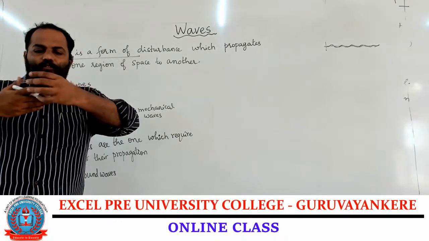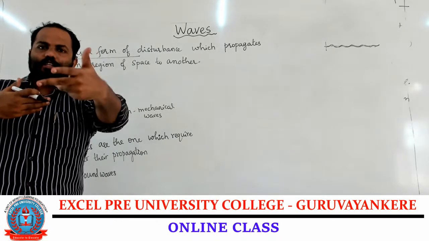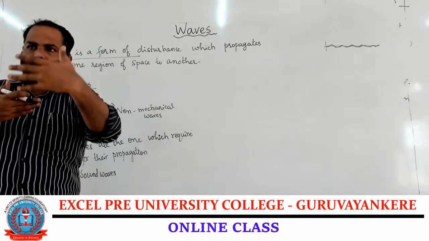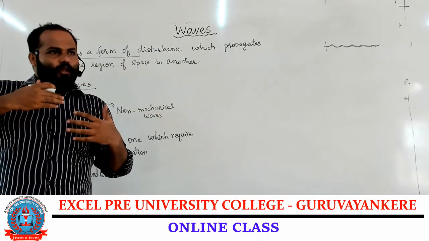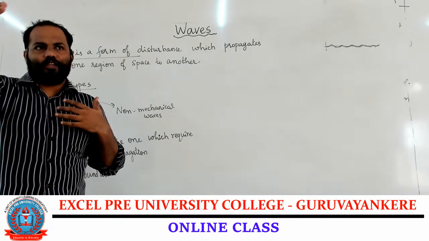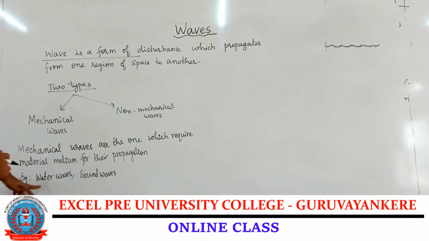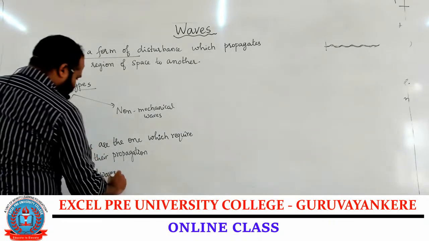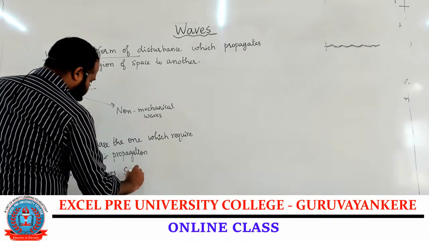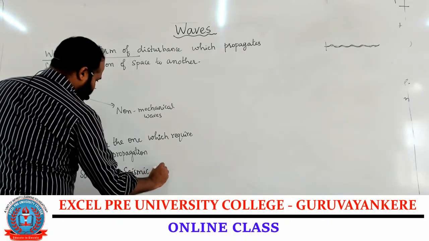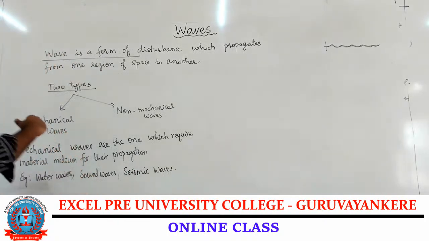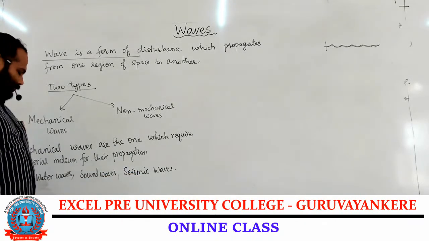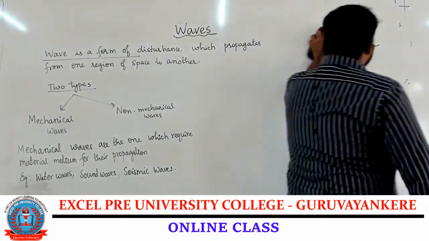Then the next region will be compressed. The other region will again have low pressure. So there will be rarefaction, compression, rarefaction, compression. Such sound waves also require material medium for their travel. Seismic waves, earthquakes, require the earth as a medium through which they can travel. So water waves, sound waves and seismic waves. Is that clear?